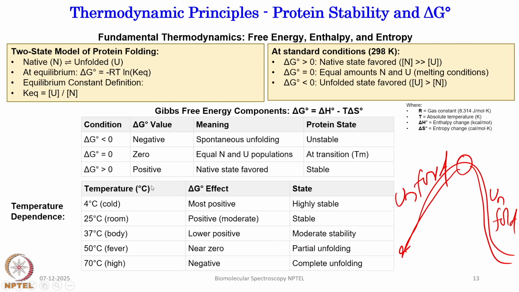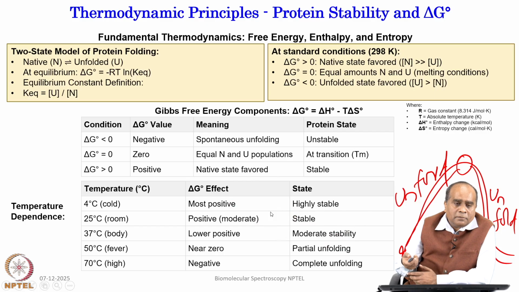So, just remember, at body temperature we have our protein at moderate stability, but our protein does not exist individually, it has companion proteins in the body, right, that make the protein stable. But why do you become weak when you are in fever condition?